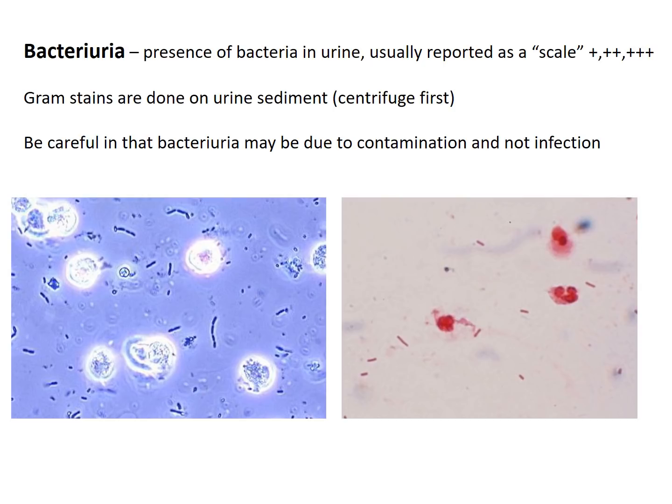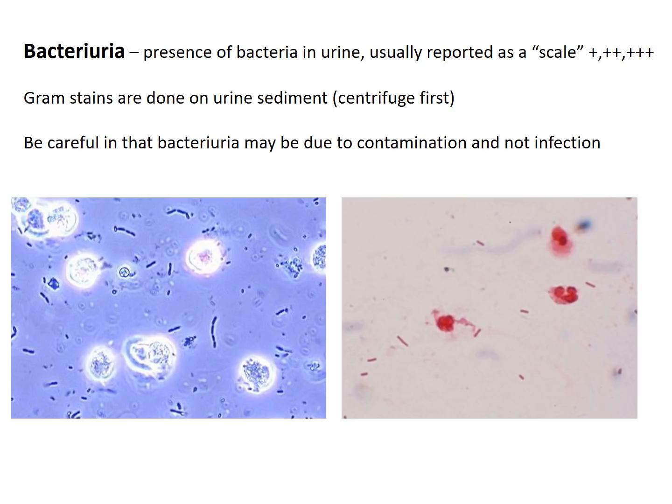Bacteriuria is the presence of bacteria in the urine. Again, that can be reported on a scale as +1, +2, or reported as few or many. You can get a sample of urine, you can centrifuge it, and then the sediment, the bottom part of what's been centrifuged, is going to have the highest recovery of the white blood cells and the bacteria.